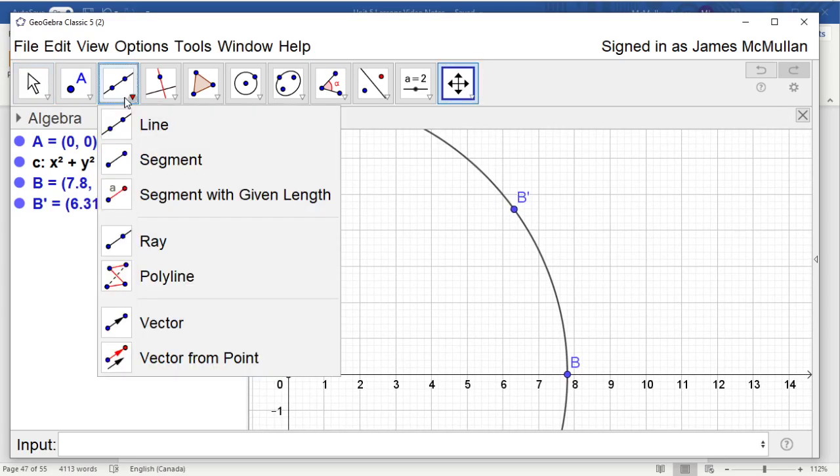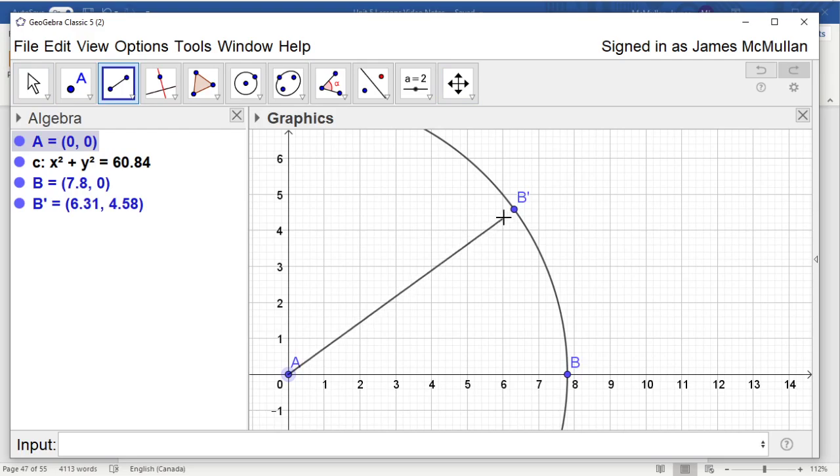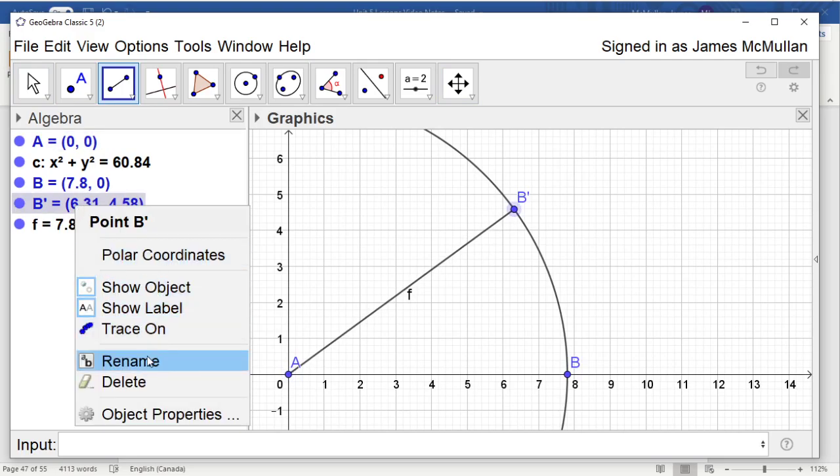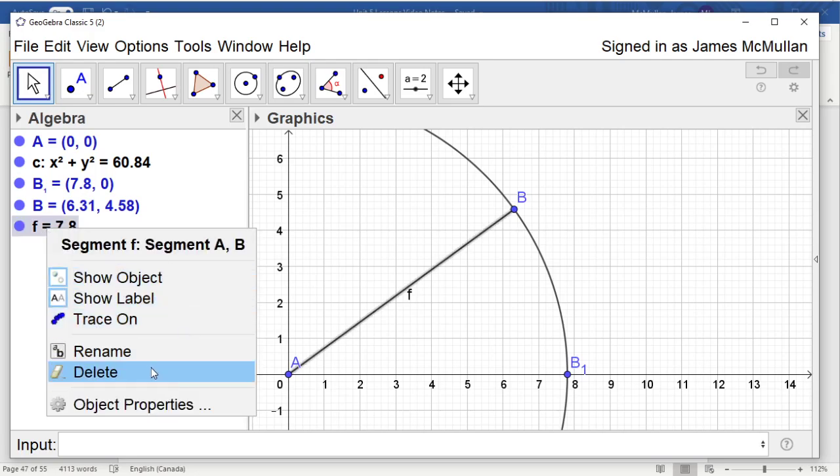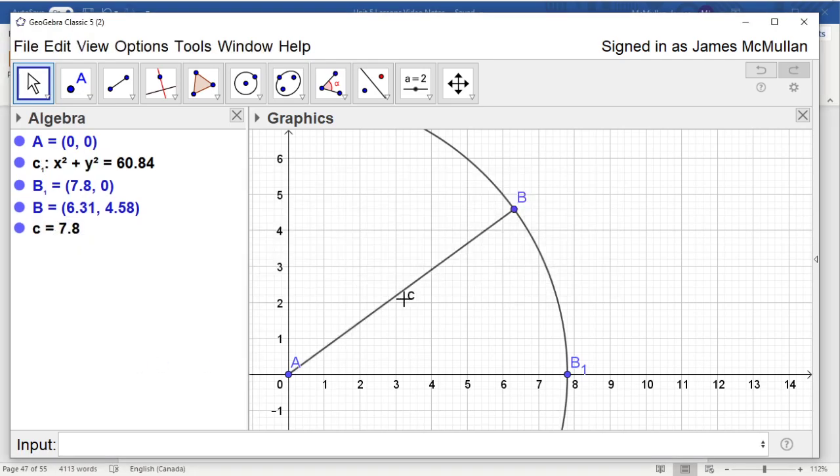And here is Albert's rope, right? We'll rename this point to B, and rename this one to C, so we have the correct terminology. This should be 7.8, and the angle from the ground to B at A should be 36 degrees. So that's what we have.